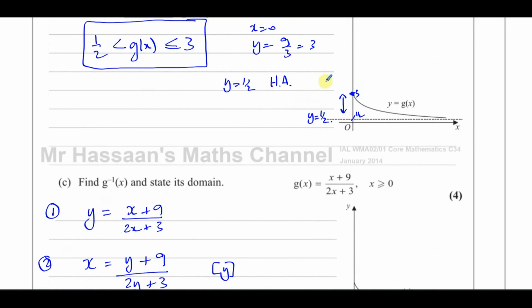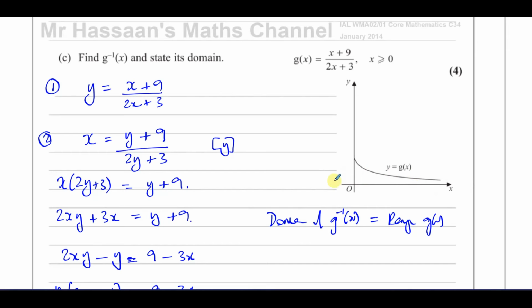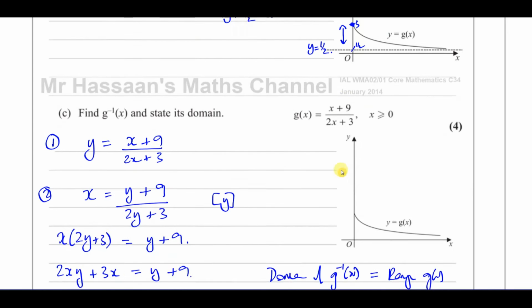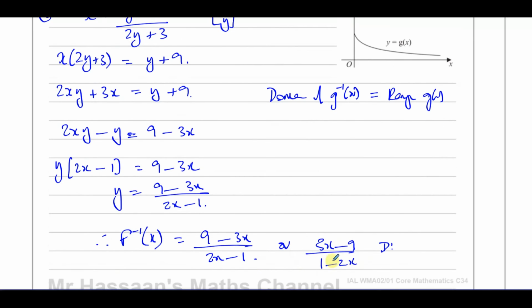The range of the original function becomes the domain of the inverse function, okay? Because it's like you're swapping the x and y coordinates around. And I'll show you how that works even with the equation in a minute.